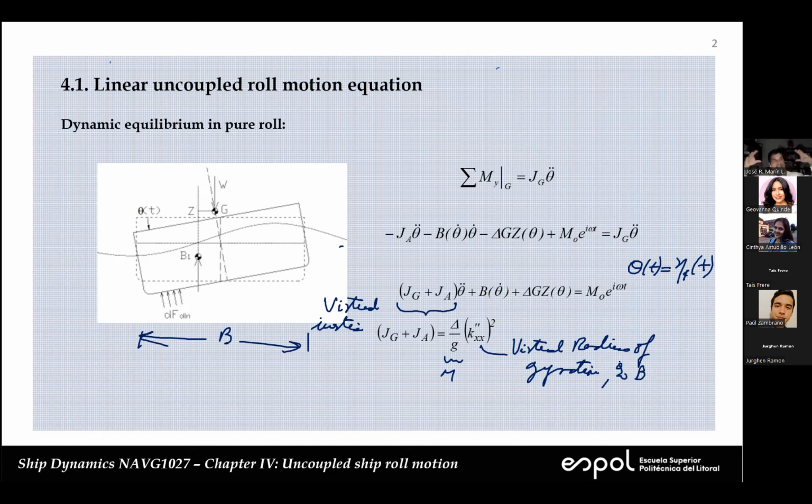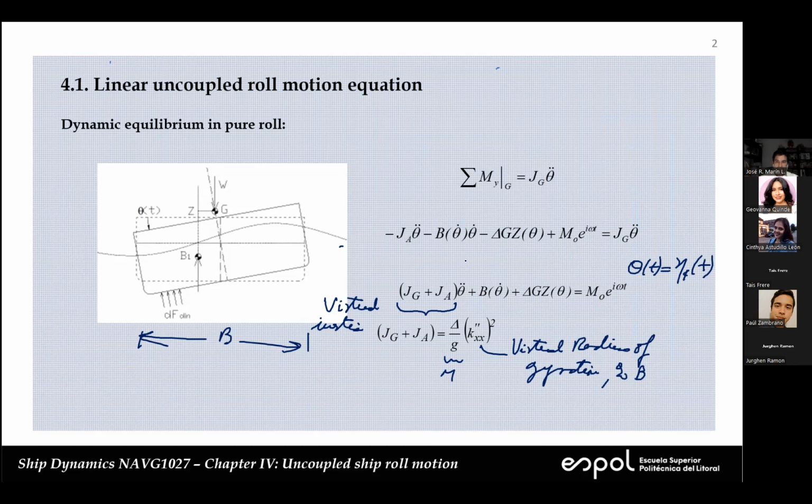That means that it will increase the value of the inertia. So for example, typical values would be around 0.35 of B. If you have several decks or things like that, then you can expect a little bit larger value than that. But in that order are expected values for the gyration radius.